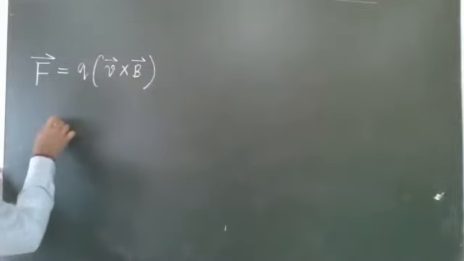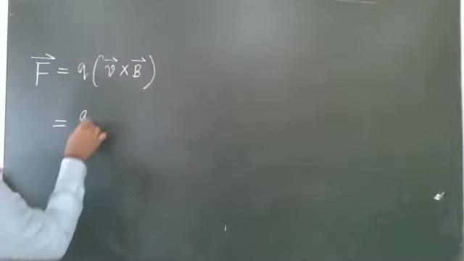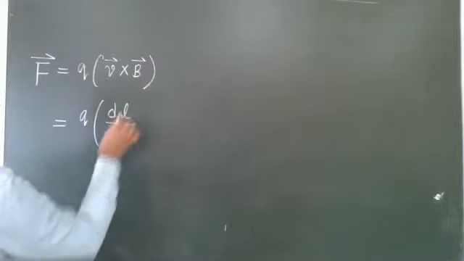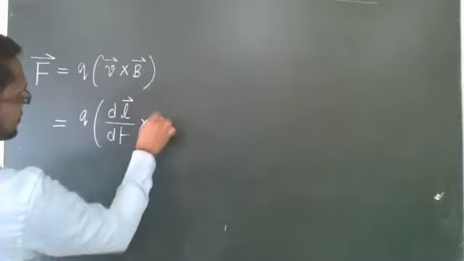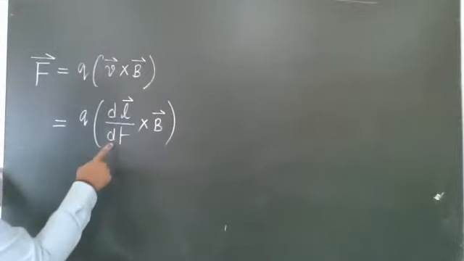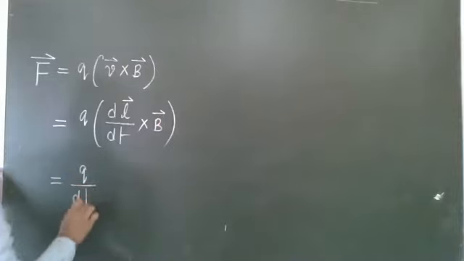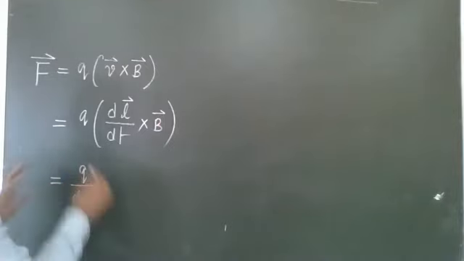Now in place of v, we write dl/dt, dl/dt cross B. After that, take dt here: q by dt, which you can think of as charge by time.